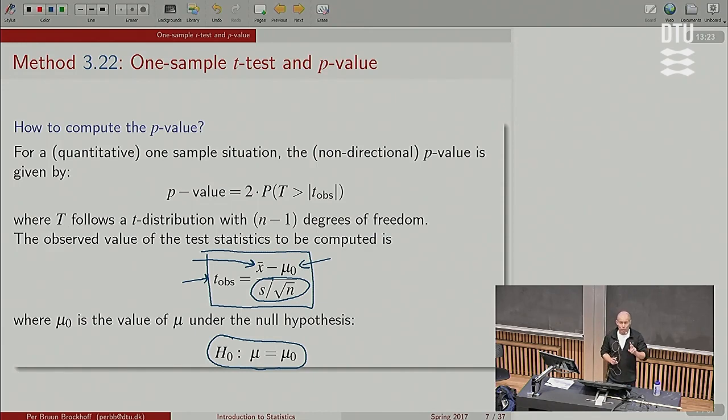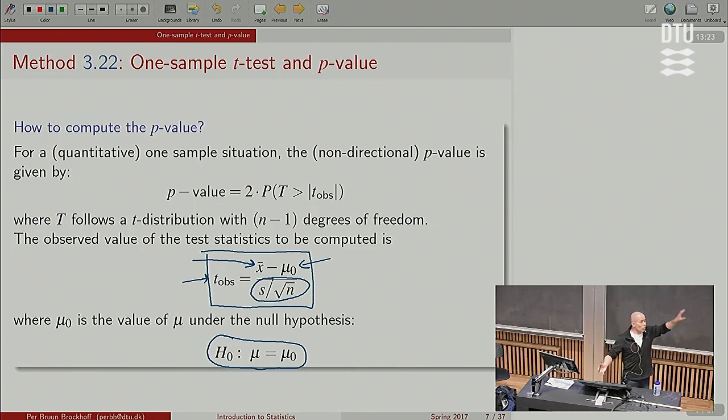So a t-distribution, which is this version of the standard normal with a little bit heavier tails, sometimes almost exactly the same as the standard normal. This is the distribution we can use to quantify whether I'm close to or far away from the hypothesis, right? If I'm close to the hypothesis with my data, I would tend to say, well, the hypothesis is probably okay.